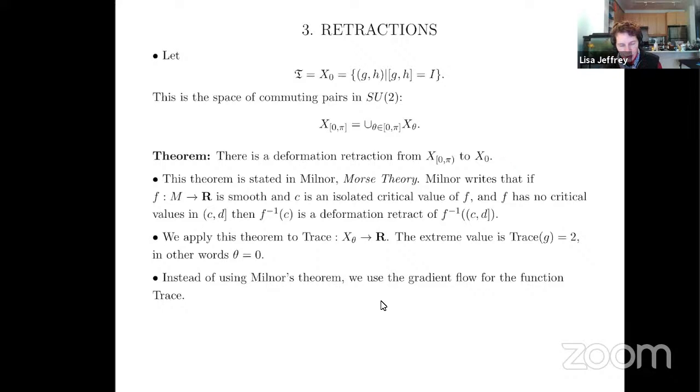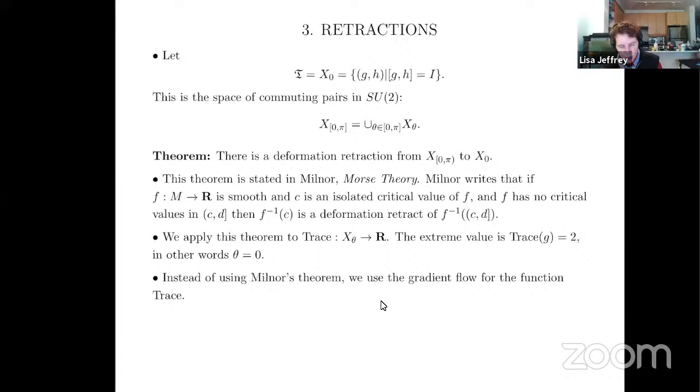This result follows from something that is stated in Milnor's Morse theory book. Milnor writes that if F is smooth and C is an isolated critical value of F, and F has no critical values in the open interval, then F inverse of C is a deformation retract of F inverse of the open interval.